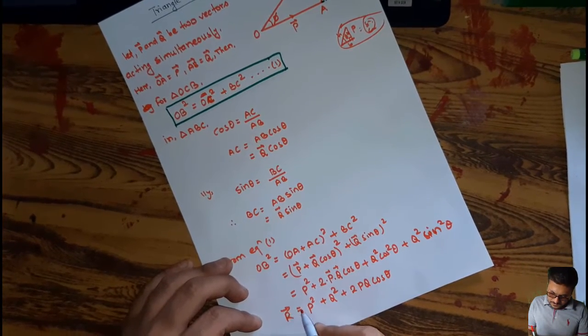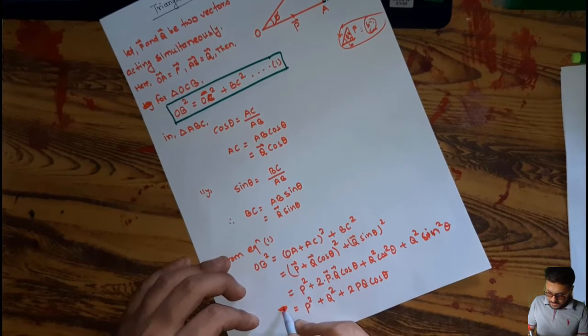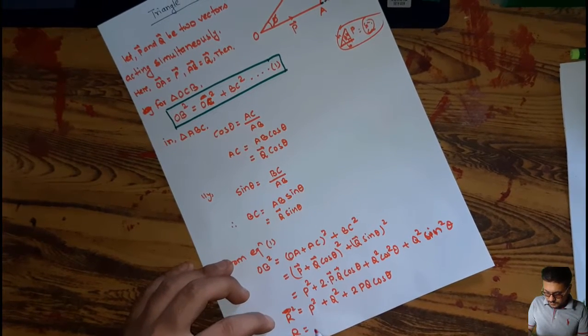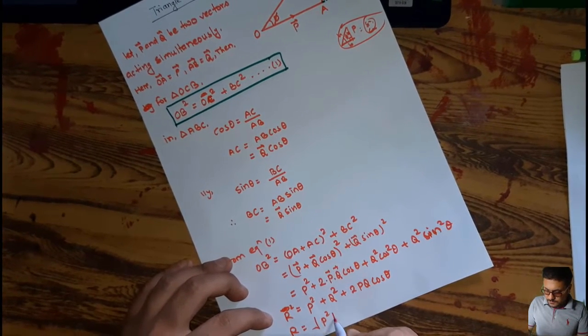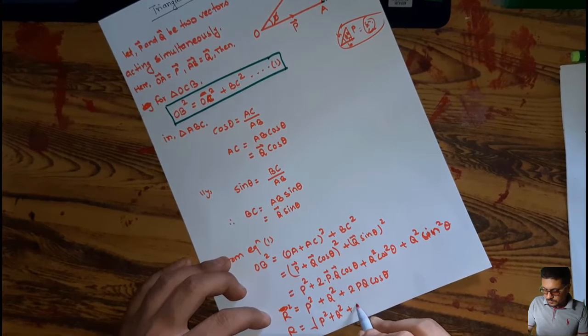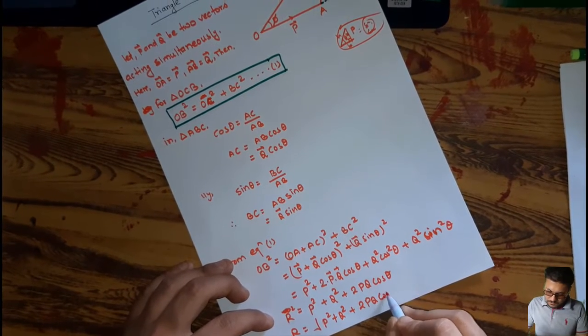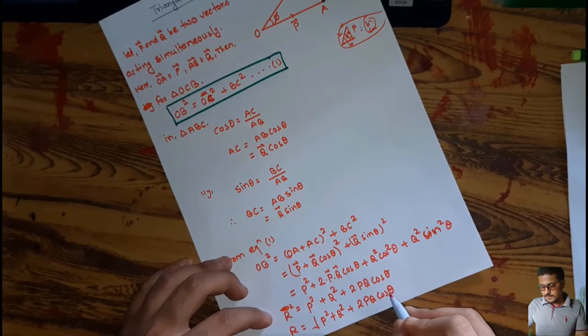So R square is equal to this, and R is equal to root of P square plus Q square plus 2PQ cos theta.